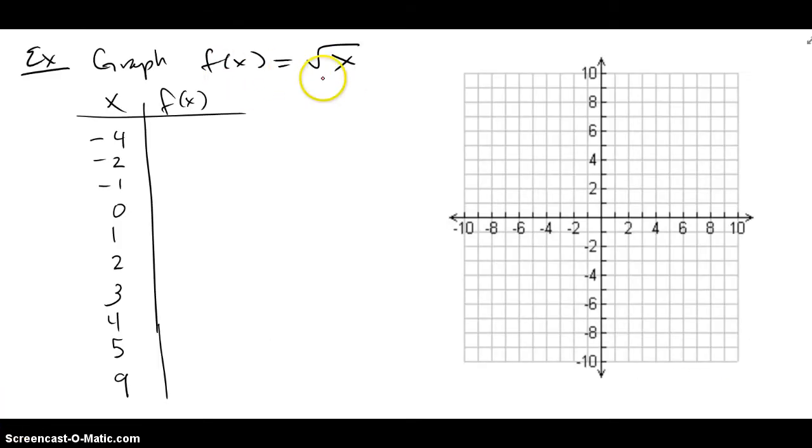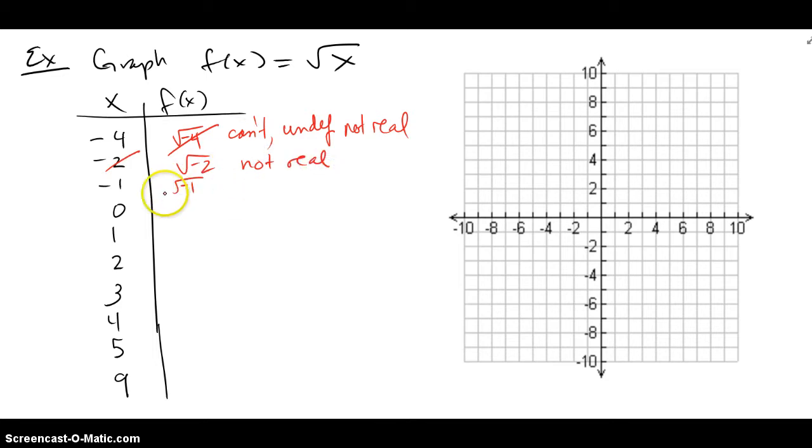So let's graph the square root function. I'm putting in some inputs, some x's that I picked, and I'm getting some outputs for the y's. Now if I try to take square root of -4, we can't, so that's going to be undefined or not real. Same thing for that, that's going to be not real.